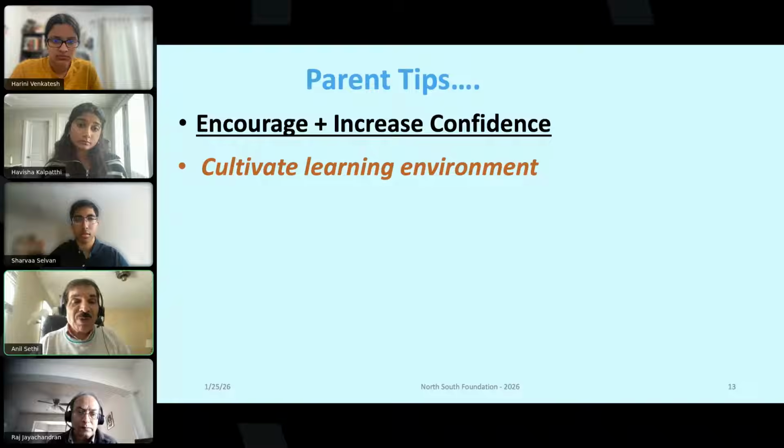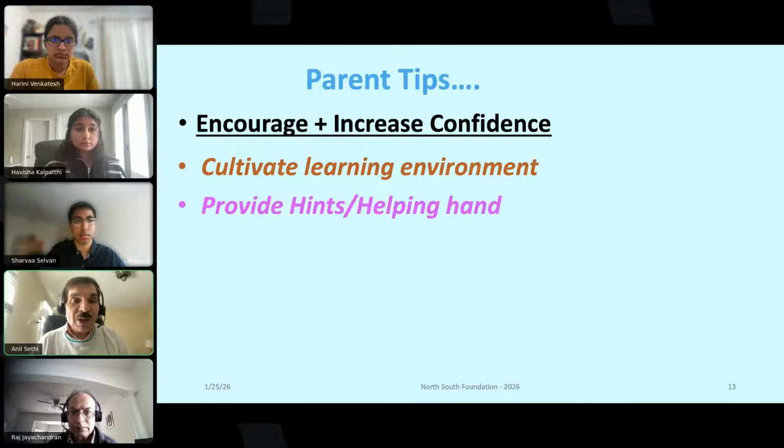Cultivate a learning environment. Talk to them about what they're learning at school and what they're doing at home, spend some time with them, ask them questions, and show them that you're also an active learner and they follow your lead. Provide hints, a helping hand, but don't necessarily solve the problems for them; help them, talk to them.